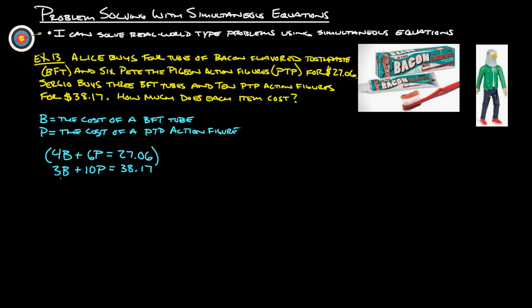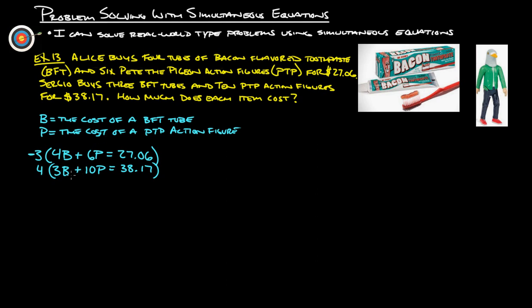I'm going to multiply this by 3 and this by 4, they'll both be 12b, right? And then I just need to pick one or the other to be negative because we want to add them together and eliminate them from each other.